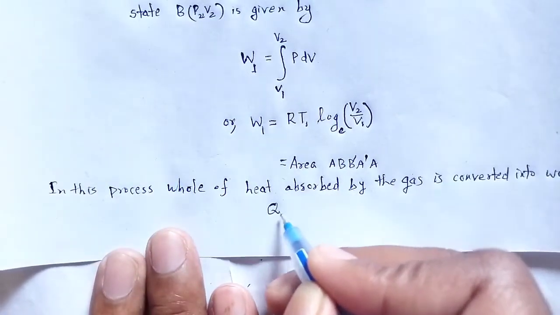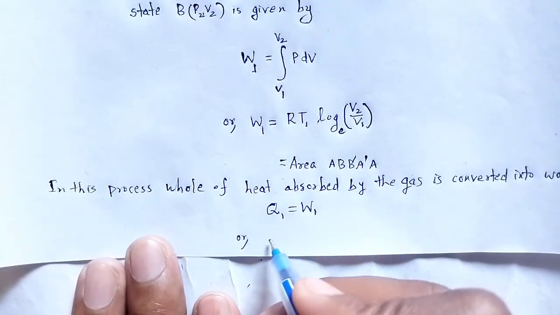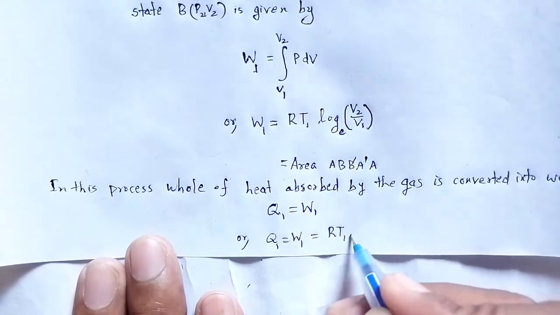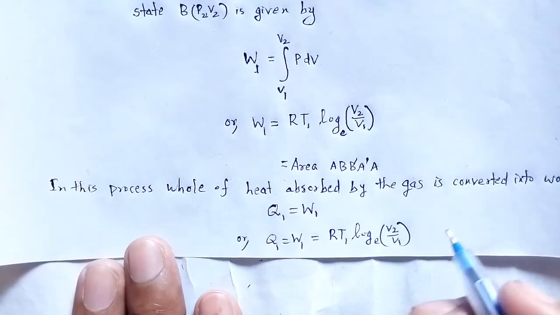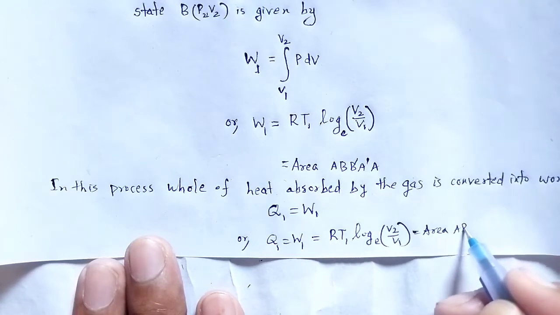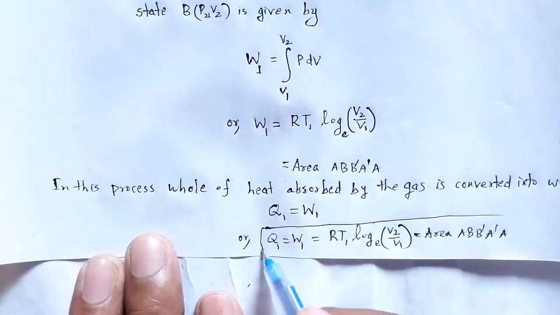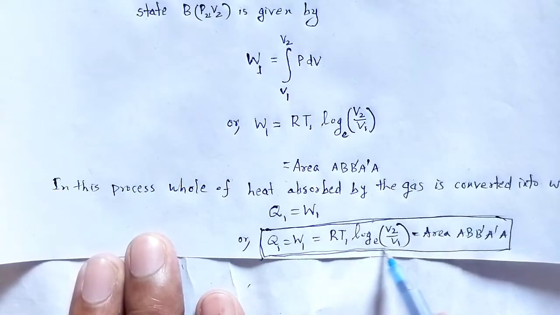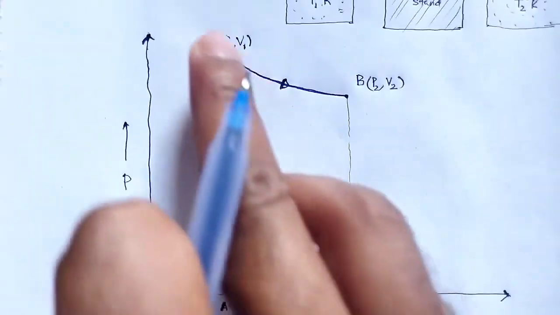So Q1 is same as W1, and therefore Q1 is equal to W1 is equal to R T1 log base e V2 by V1, that is the area of A, B, B dash, A dash, A. Just box it. In the first step of the Carnot cycle, we have that amount of work done during the expansion AB.